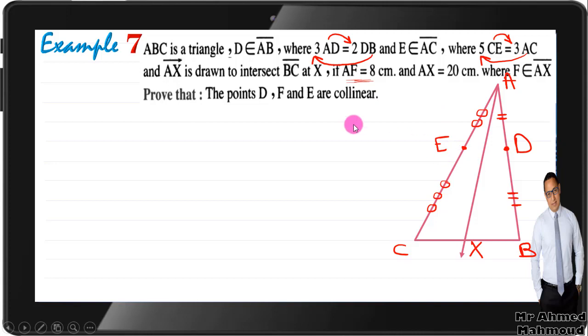Okay, now I'm going to prove that D, F, and, I don't write E because I don't know its place. Okay, prove that D, F, and E are collinear. So I'm going to connect E and F, E and D like this. So F lies here in this position. This one equals 8 centimeters.